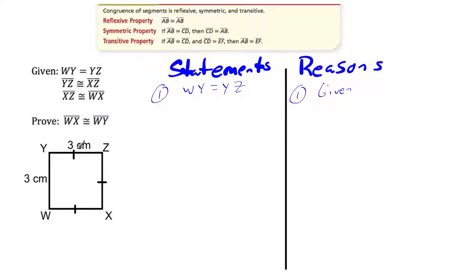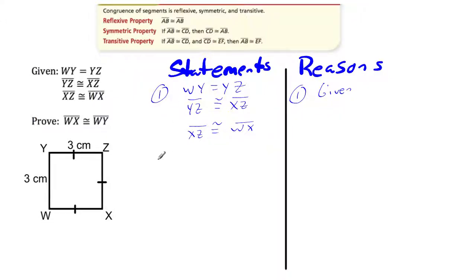And I can see that 3 is equal to 3. Fantastic. I also know that YZ is congruent to XZ. So YZ is congruent to XZ, and XZ is congruent to WX.